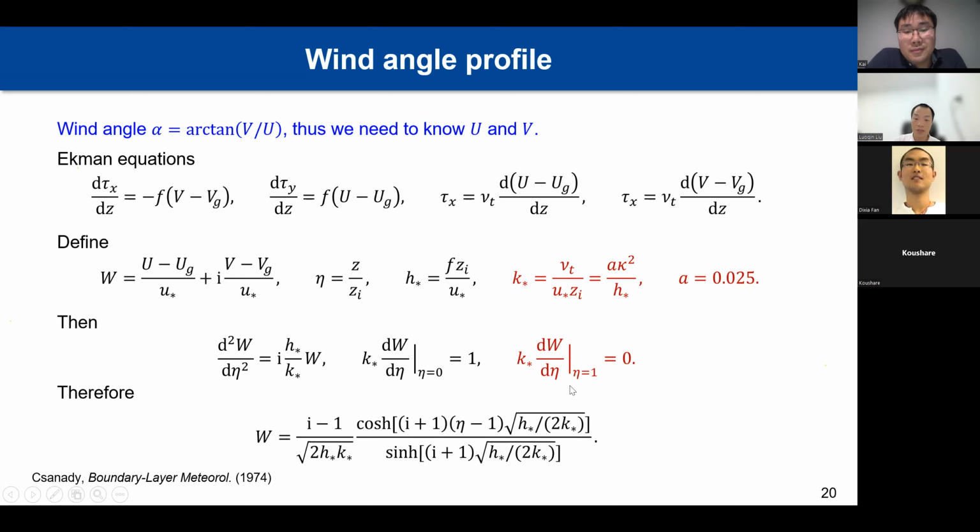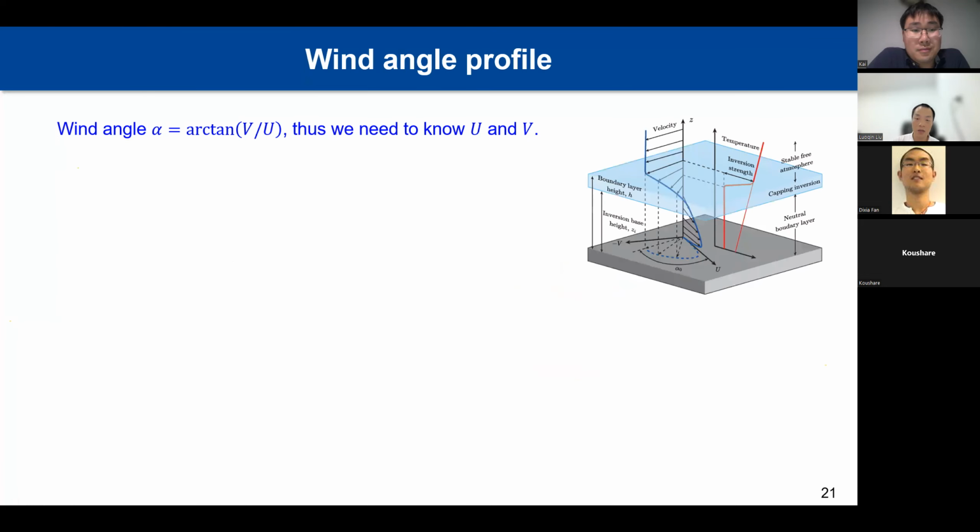Second, they assumed the turbulent shear stress vanishes below the inversion layer, at the top of the boundary layer, and this of course is not true. So how can we get a more physically reasonable and more accurate profile for U and V throughout the whole boundary layer?